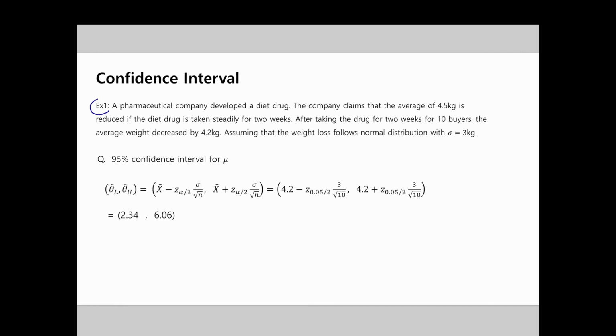In example 1, we can calculate the 95% confidence interval for mu. Okay, the formula is as follows. So the confidence level is like this, and your critical value is 1.96.